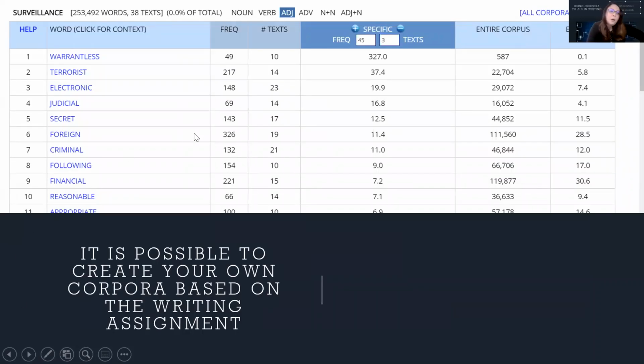Okay. Also, something else you can do when you're teaching new words is you can create your own corpus and give them a list of words that are generally associated with the topic you're choosing. So every quarter, we also do an argumentative essay on surveillance.